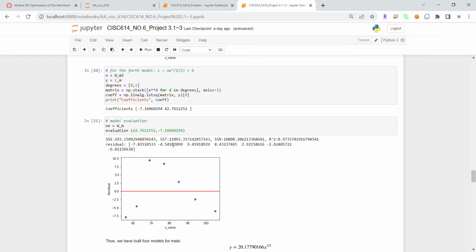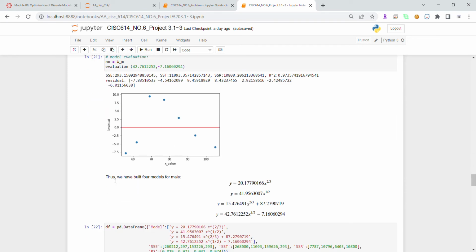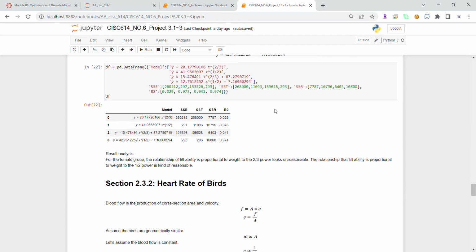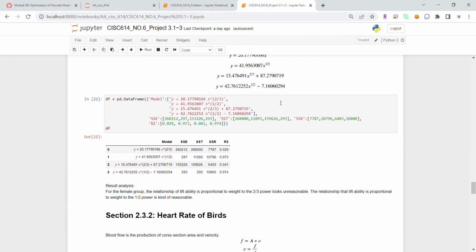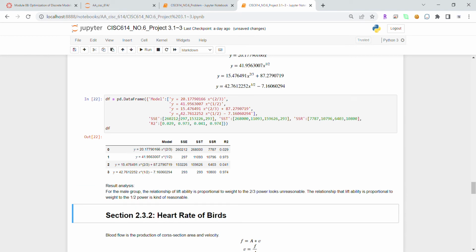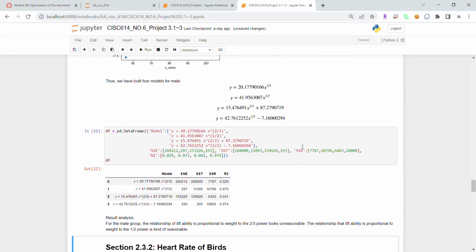So this is what we built for the male group. For the male group, sorry, this should be male. So for the male group, the relationship of liftability is proportional to weight to the 2/3 power looks reasonable.